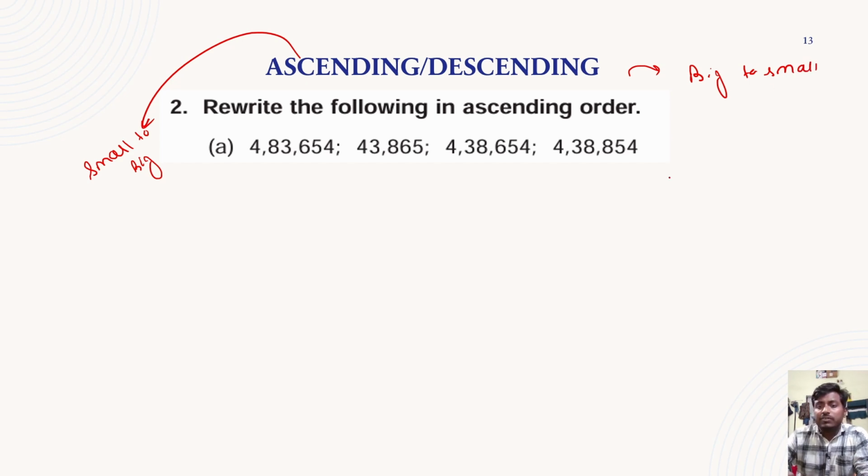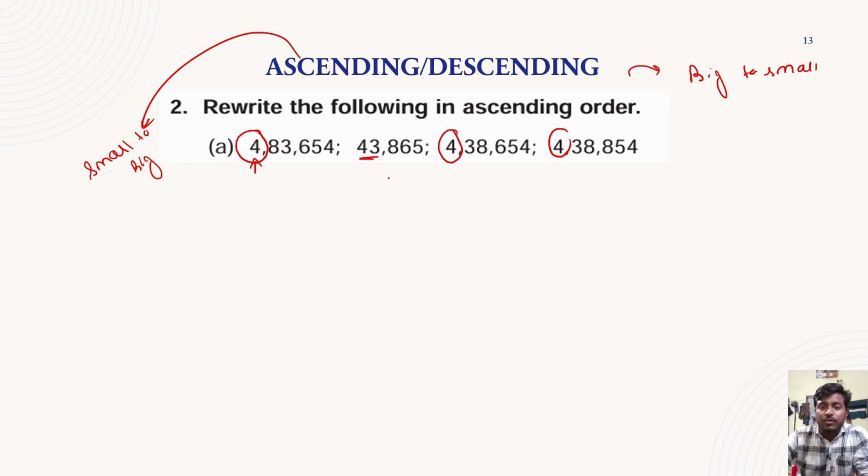Now when we arrange in ascending order, first of all we check the highest period, that is either crore or lakh. Now here we check the last period is lakh, that is the 4, and here the same lakh, and here also lakh, but here is the thousand period.